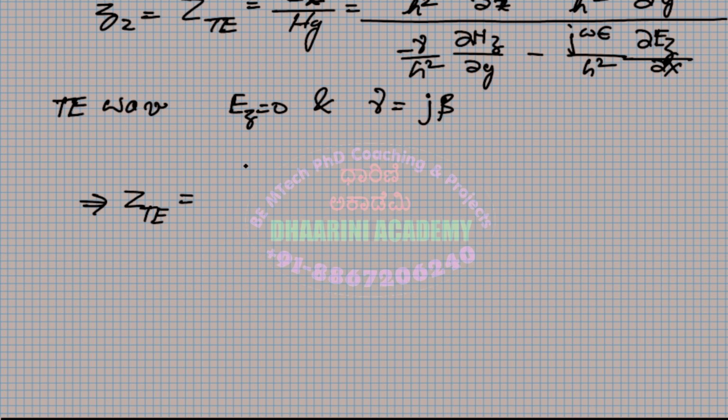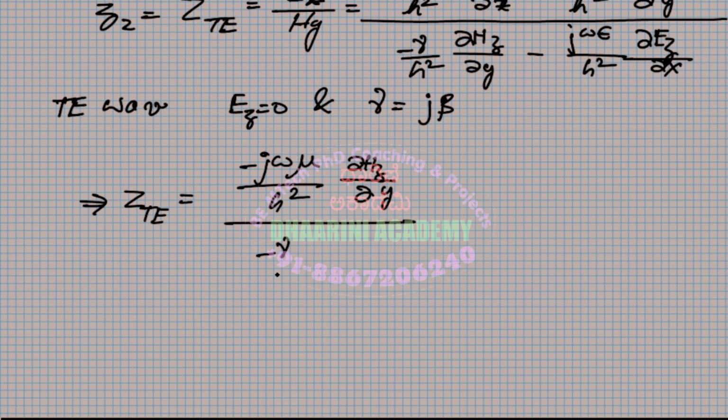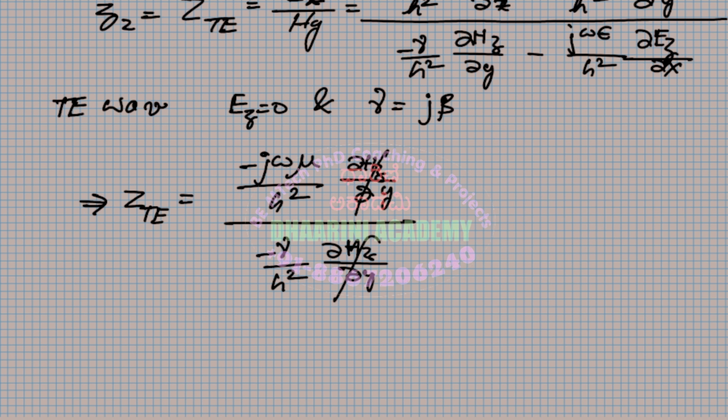Okay, so because of which I can write minus j omega mu divided by h square into dou Hz by dou y, whole divided by minus of gamma divided by h square into dou Hz by dou y. So dou Hz by dou y will be cancelled in both numerator and denominator. Then I can also cancel the h square term, and also the negative terms will be cancelled.